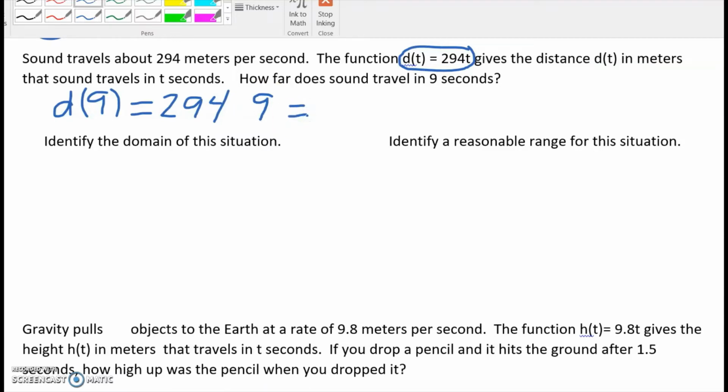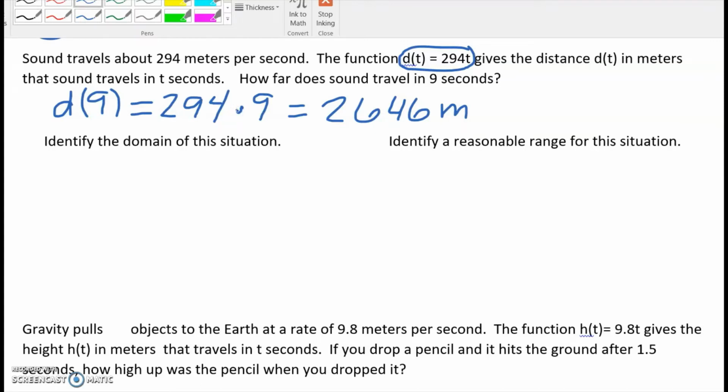And that's going to tell us how far sound travels in 9 seconds, which is 2,646 meters.